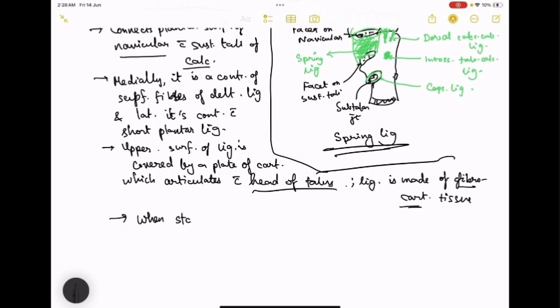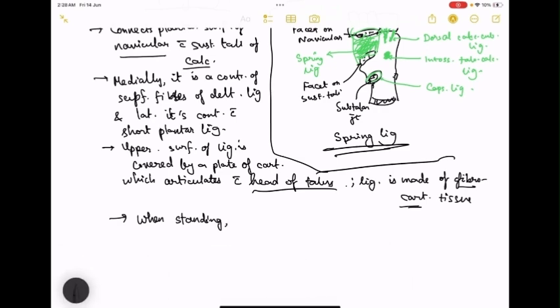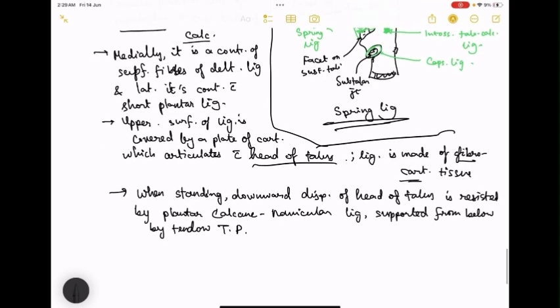Now here lies all the paradoxes. When standing, it was believed that downward displacement of head of talus was resisted by the plantar calcaneonavicular ligament supported from below by tendon of tibialis posterior.